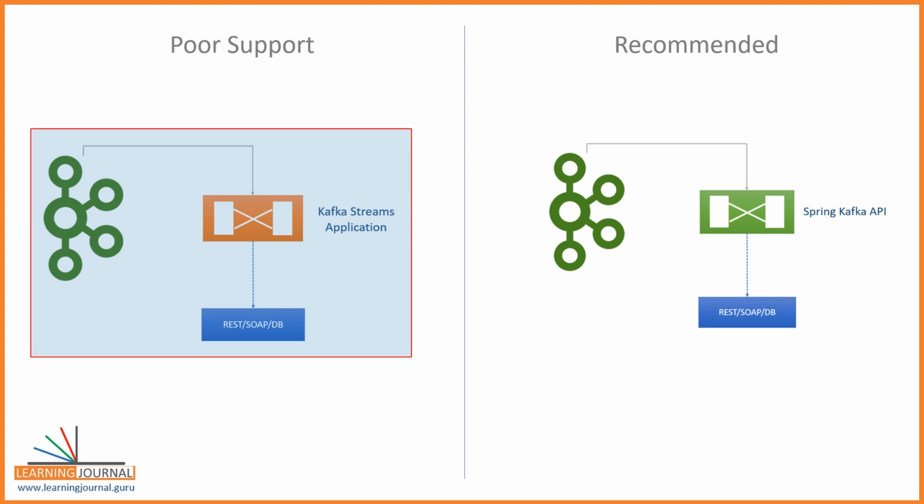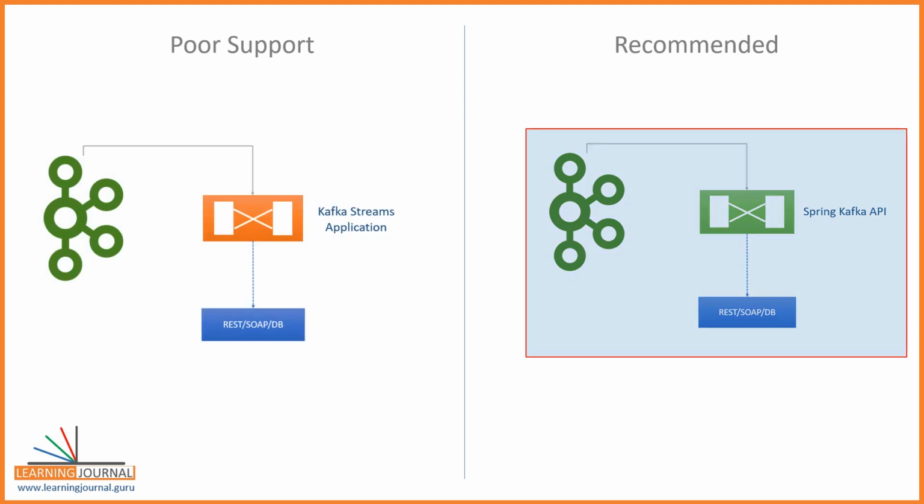Similarly, if you are reading data from Kafka topic and want to pass it to another RESTful service or to a SOAP service or save it to a database, you cannot do it using the Kafka Streams. You will be using the Kafka Spring project to implement consumer API, and then you will call a RESTful service to send the data or save it to a database.